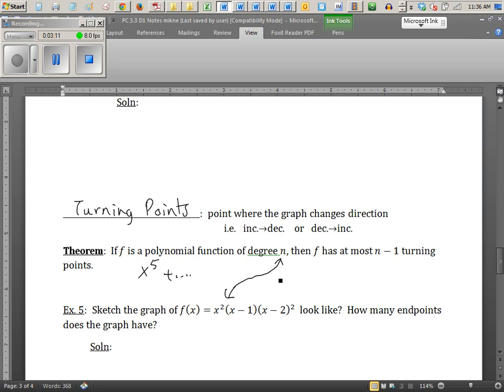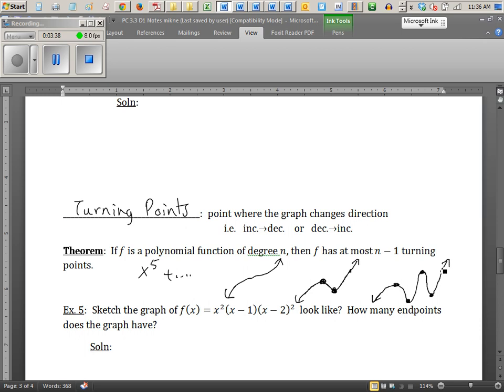Another possibility is that there's a down arrow and an up arrow, and it does a set of wiggles like that. There's one point where it turns from rising to falling, and one where it turns from falling to rising. And then the last possibility is this picture where it goes rise and fall and rise and fall and rise like that.